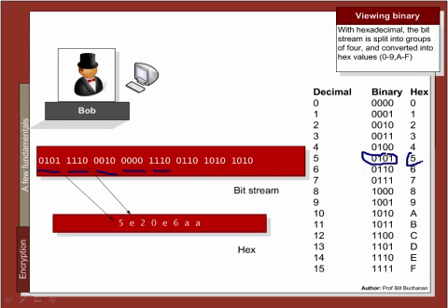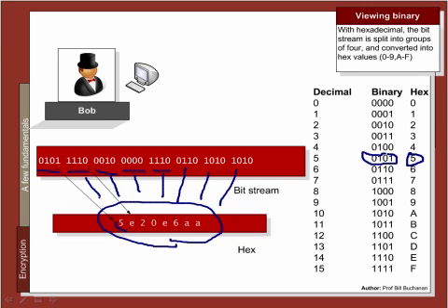So the hex character for that is a 5, second one is an E, and so on. So hexadecimal is a convenient method to represent our bit stream, in that we can very quickly convert these values because we only have to remember 16 different characters.